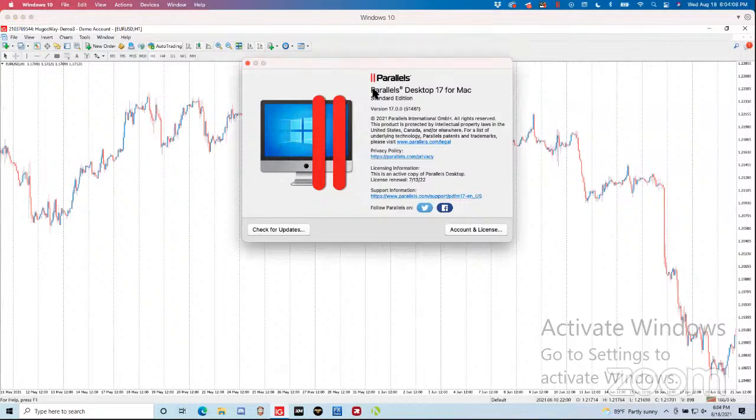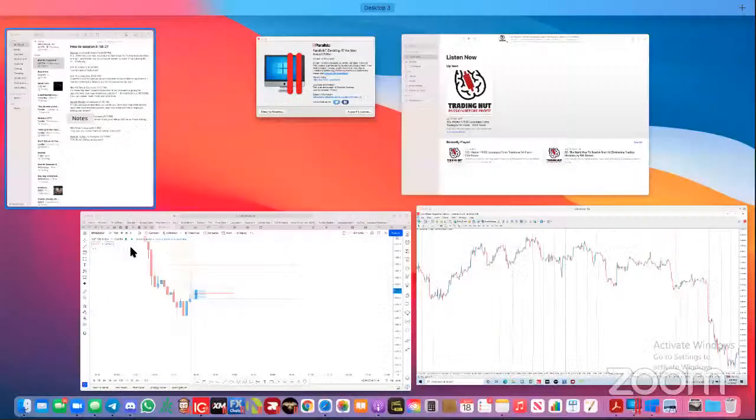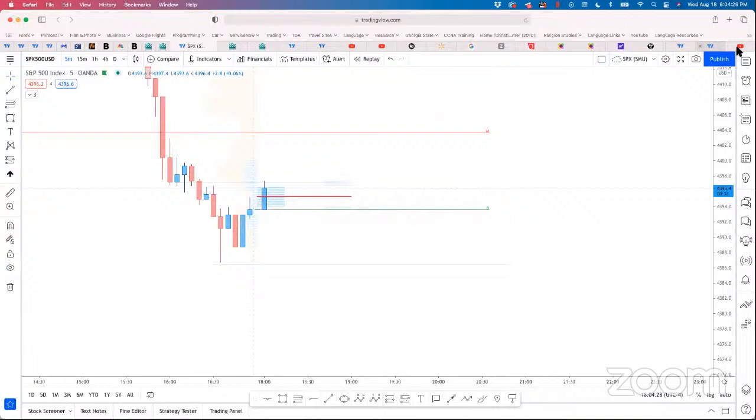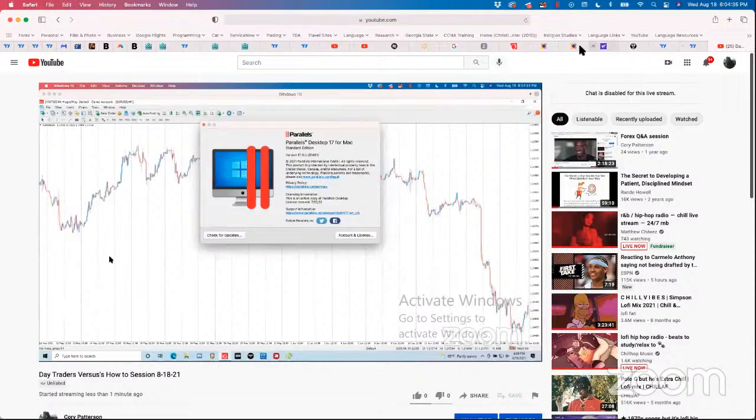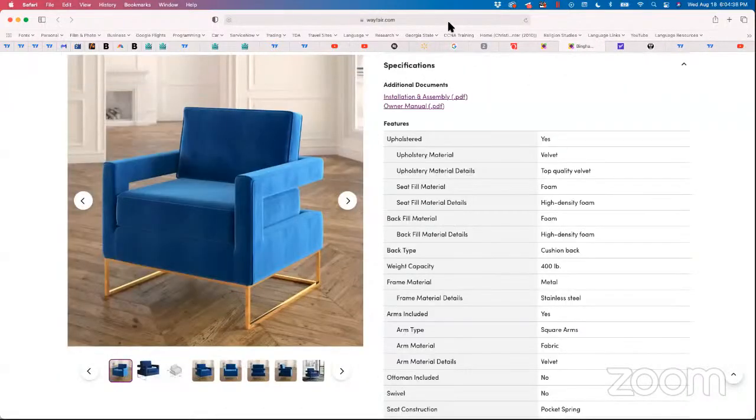And you can set up your computer to look like Windows, and you can use the MT4 app on there. If you need the link, it is like $70 for a year, but I just chalk that up to expenses.